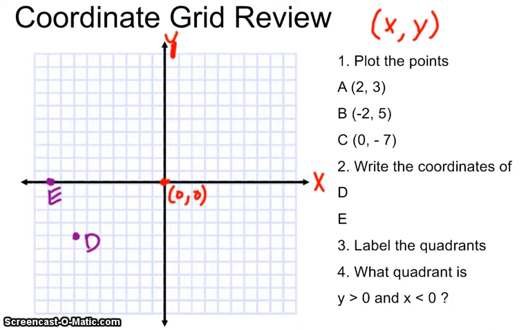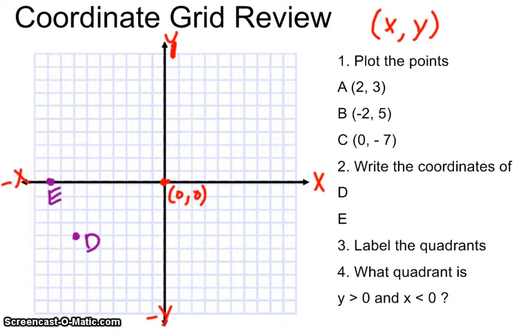Up means positive, so 1, 2, 3, 4, and down is negative: -1, -2, -3, -4. Down is negative. So to remember that, let me label this with -x. That's negative in the x direction, and I'll put a -y down here. That's negative in the y direction.